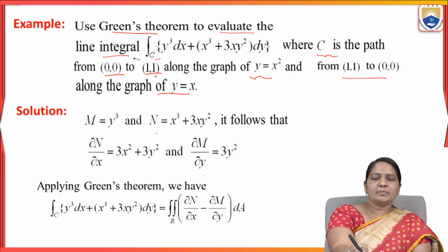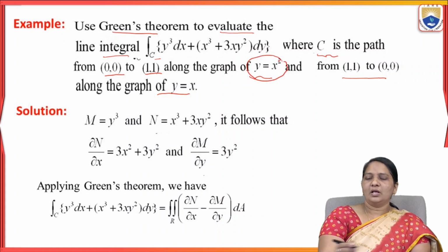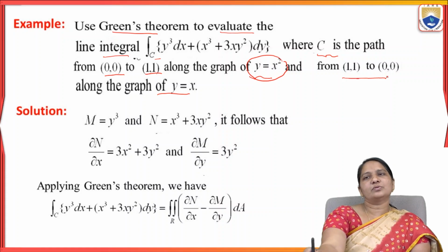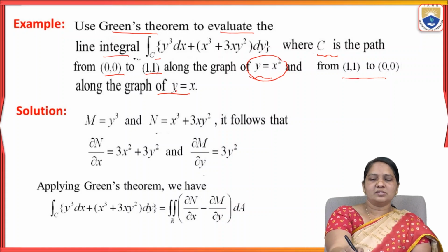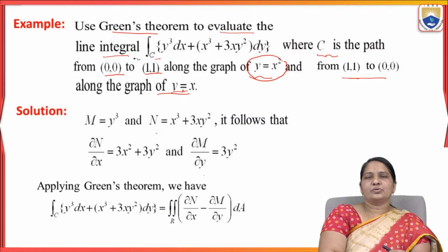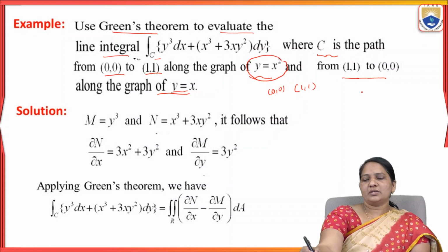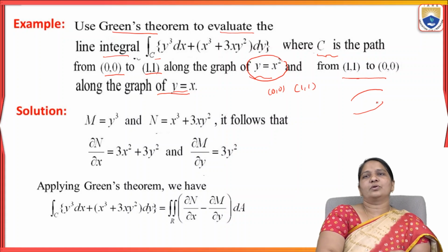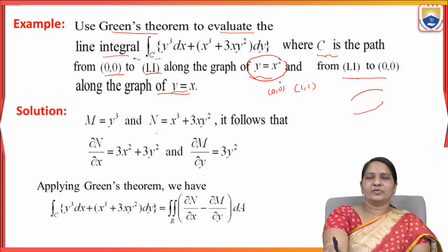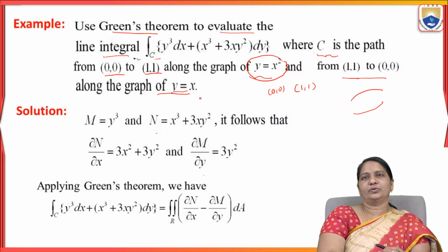So here, 0, 0 to 1, 1 is along y equal to x square, and 1, 1 to 0, 0 is along y equal to x. The given points are 1, 1 and 0, 0. The given directions are 0, 0 to 1, 1 or 1, 1 to 0, 0, and the graphs are y equal to x square and y equal to x.